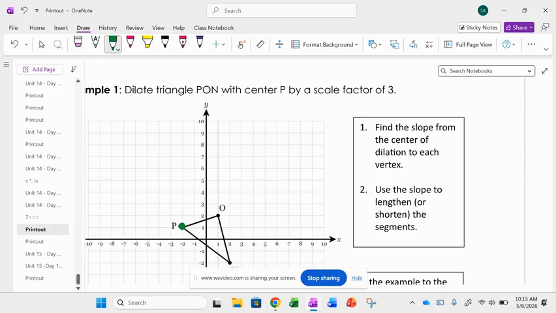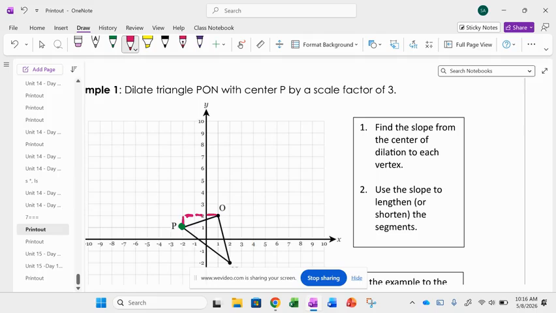And the way you're going to do this when the center of dilation is not the origin is you're going to find the slope. Everything comes back to slope. We're going to find the slope from the center of dilation to each point. So here, the slope from point P to point O is up 1, to the right 3. Now, that slope counts as 1.